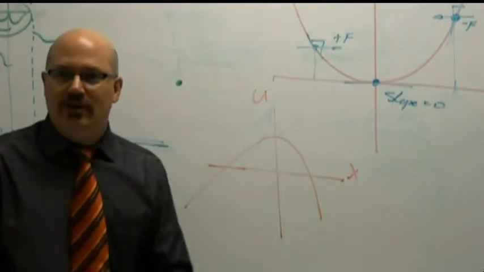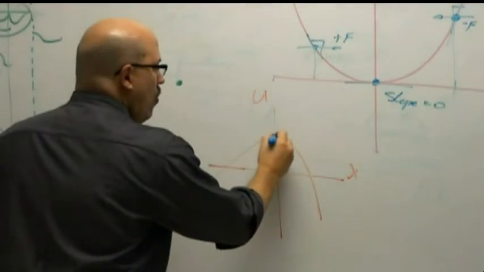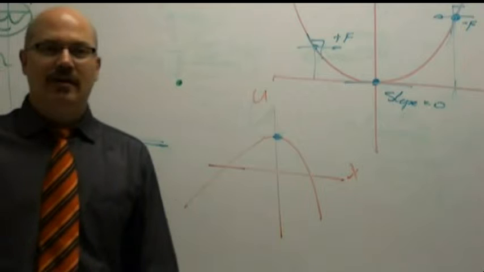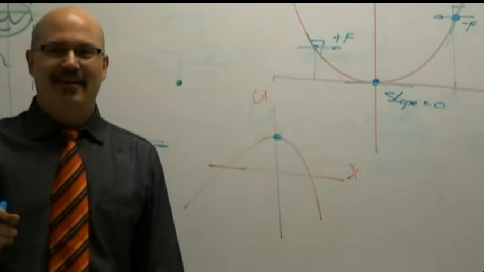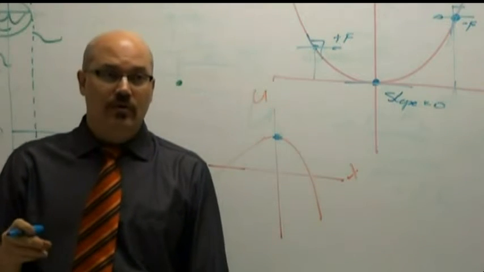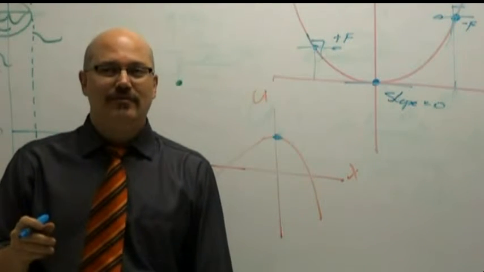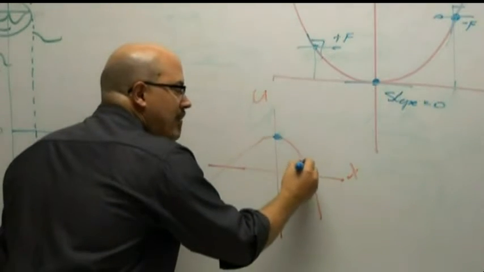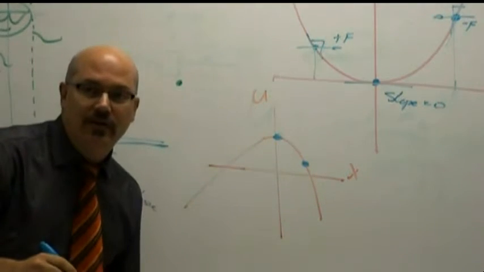Is there an equilibrium position? Yes. What's different about this equilibrium position from that equilibrium position? Harder to get to. You still have potential energy. True. But there's something a little bit bigger. What if I'm here? Which way is the force on the object?